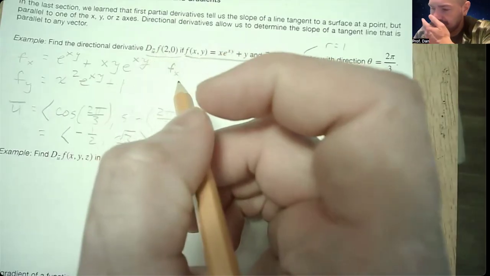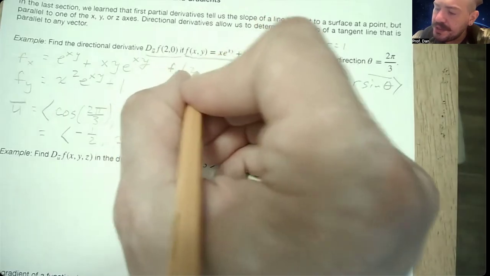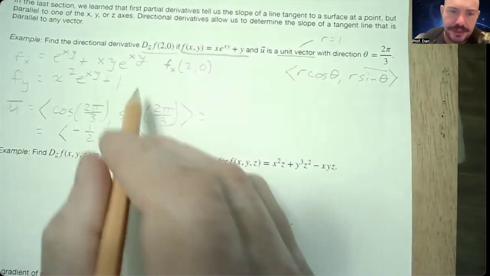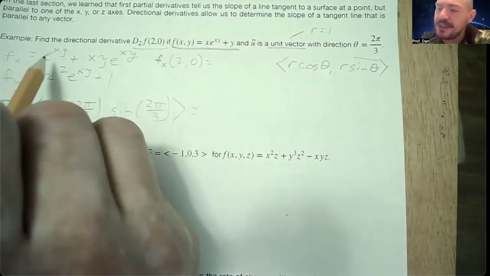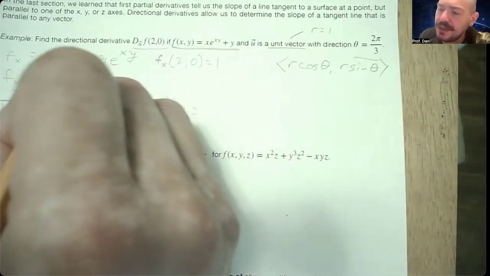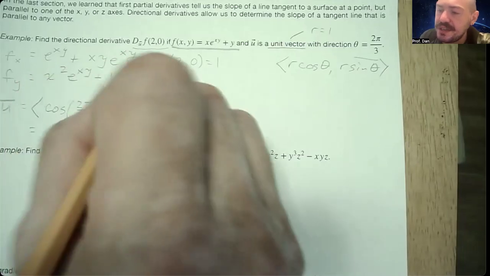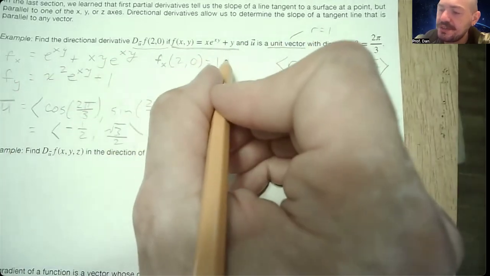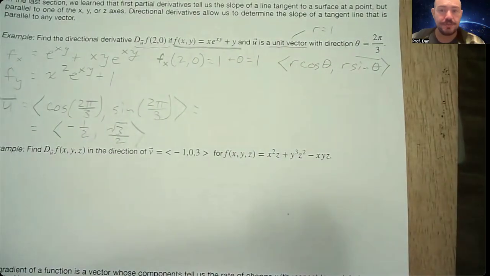So we're going to plug 2, 0 into each partial derivative to figure that out. If I plug 2 in for x, 0 in for y, this term will be e to the 0, which is 1. Then we have 2 times 0 times e to the 0, which altogether is going to be 0. So we know that the partial derivative with respect to x has a value of 1 at that point.